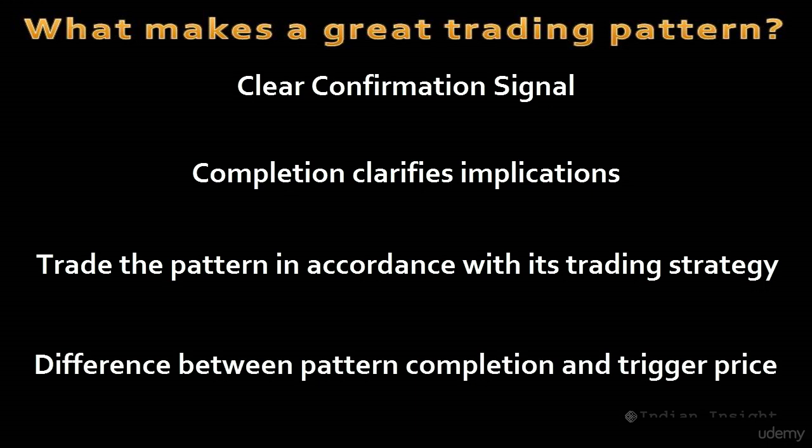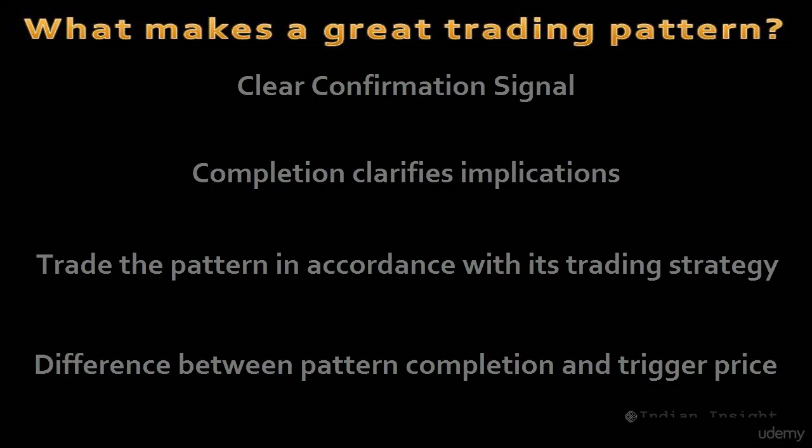The pattern completion might not necessarily mean that you immediately trigger a trade. It may sometimes mean that you wait for further confirmations to trigger your trade. The price behavior between pattern completion and pattern trigger can often help you in successfully avoiding trades if there is an error in the pattern identification or the pattern fails to turn into a successfully profitable trade.